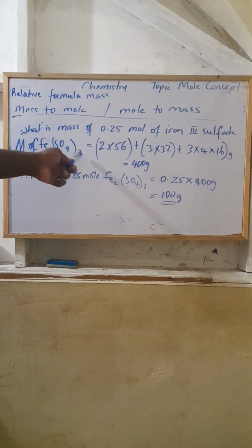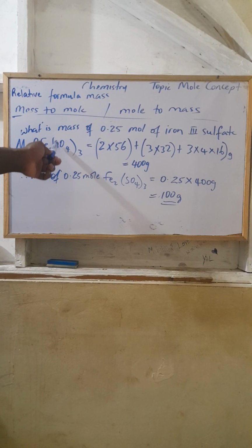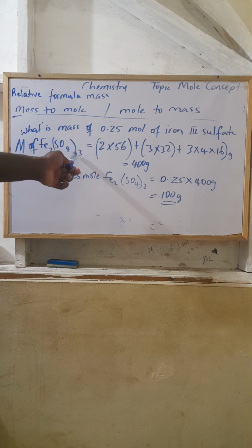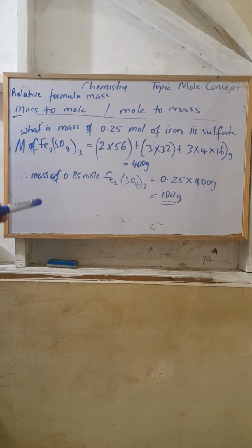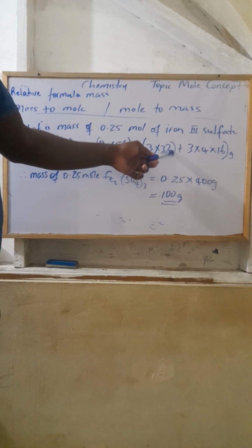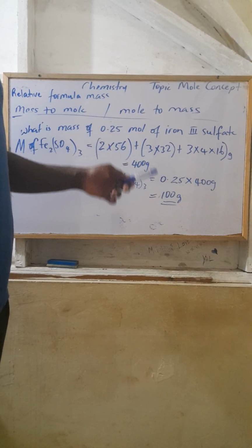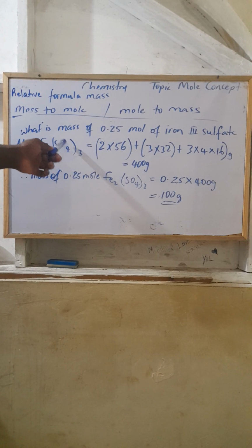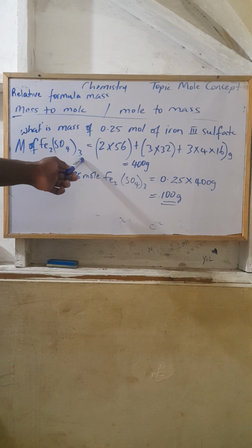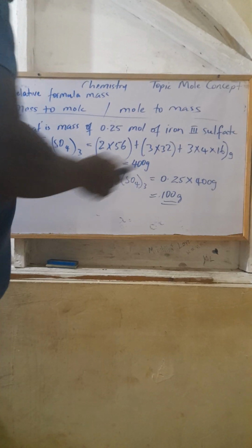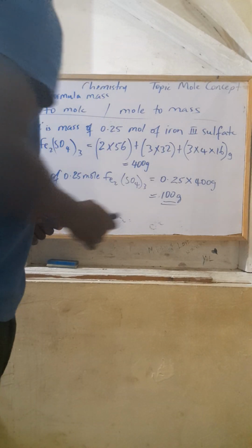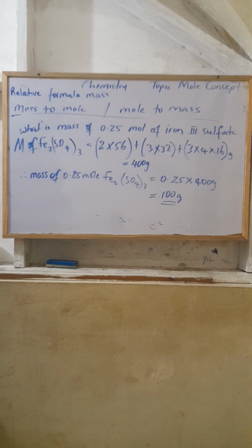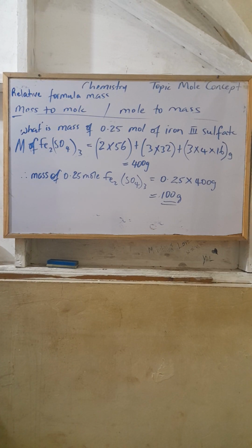And then we see that there is sulfur in the formula, and outside the bracket we have 3. Therefore, there are 3 sulfur, so we multiply the mass of sulfur, 32 times 3. Also, oxygen: there are 4 oxygen here, but outside the bracket we have 3, so we multiply 3 by 4 by the mass number of oxygen to get the total mass of oxygen present.